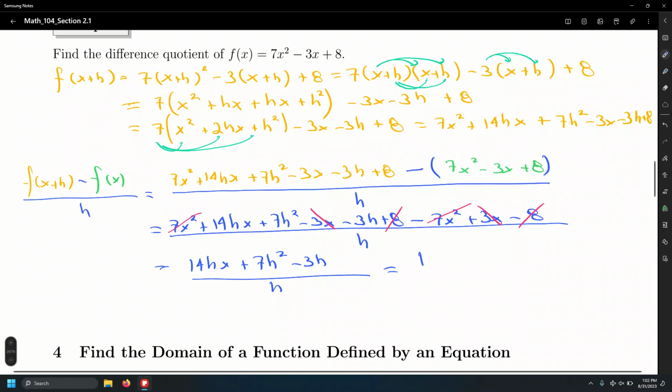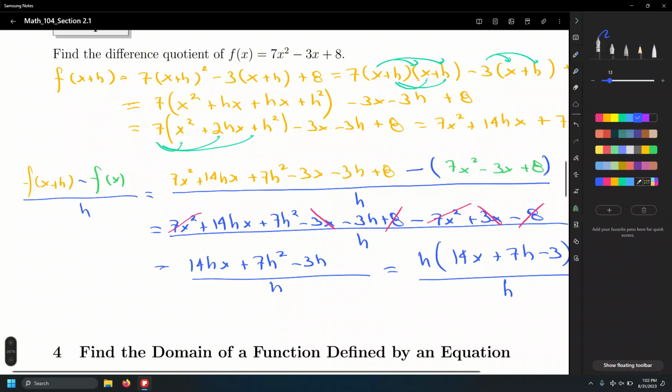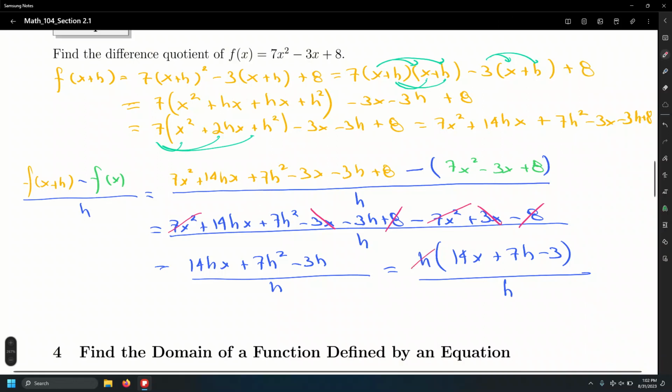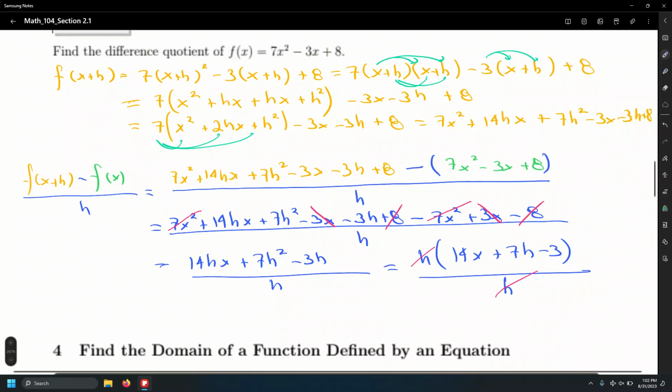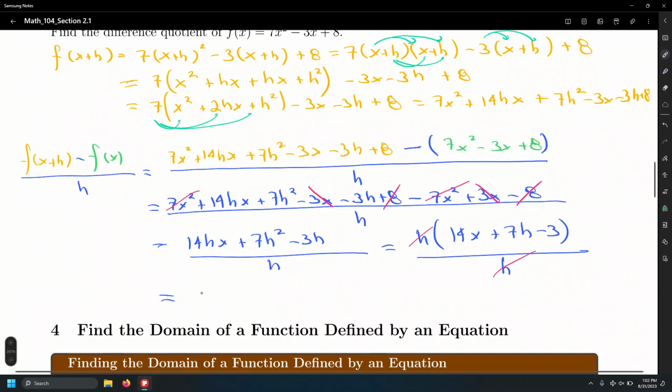So let's factor out the h times 14x plus 7h minus 3, and divide the whole thing by h. Over here, that's going to leave us with the quantity 14x plus 7h minus 3.